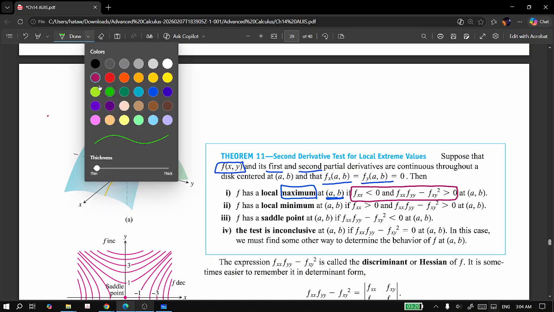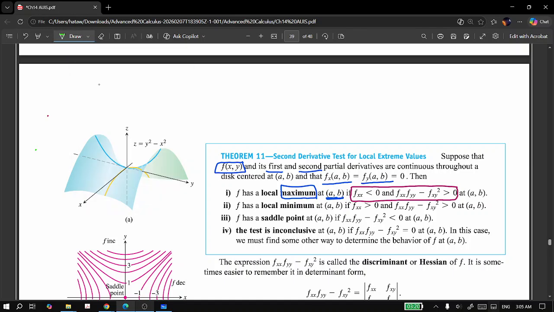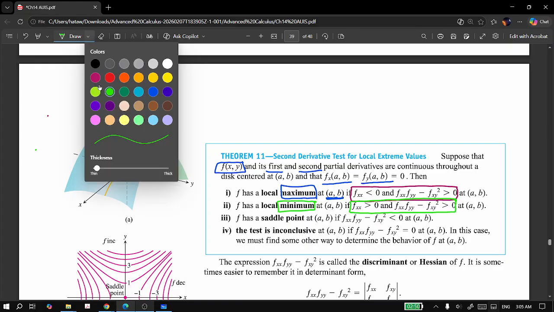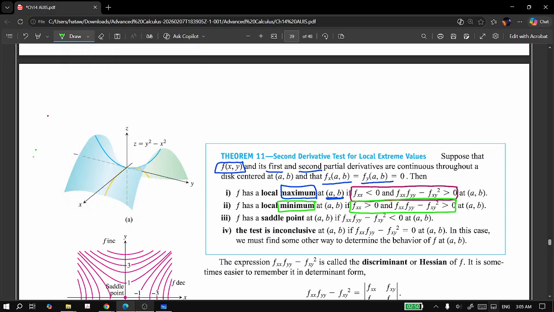However, if f_xx is greater than 0 and the discriminant is greater than 0, it gives me a local minimum point. So the discriminant is the same for those two. Their discriminants are both greater than 0, but their second derivative with respect to x, if it is less than 0, it is a maximum point. If it is greater than 0, it is a minimum point.